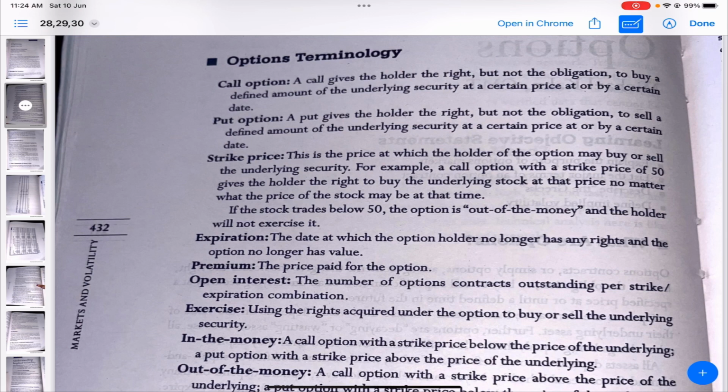Second scenario: Reliance is trading at 2050 and I think the price will go down to 2000. In that case, I will buy a put option, because my view is that the price will go down. If Reliance actually goes down to 2000, I make money. But if the Reliance price goes up to 3000, I lose money. Understood how you are going to trade in options?